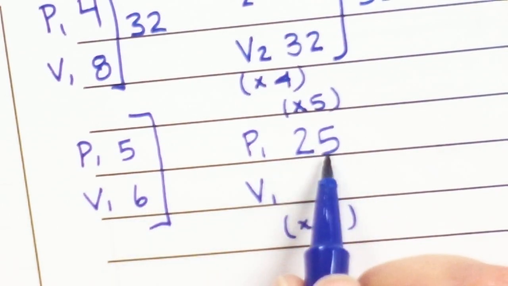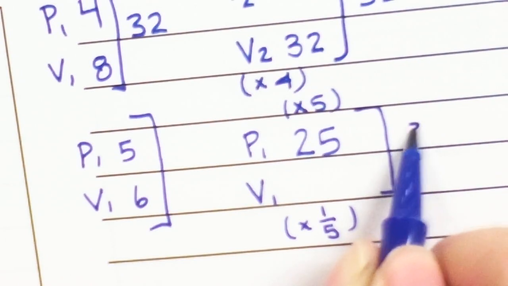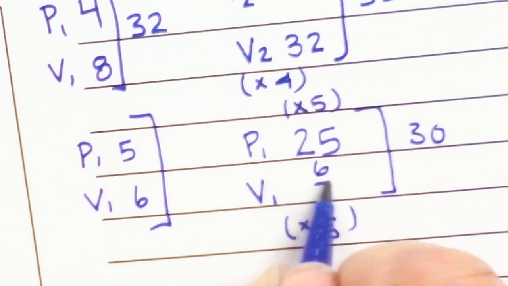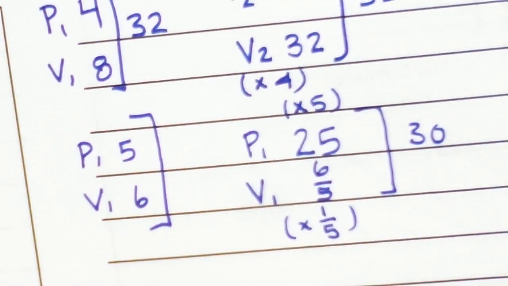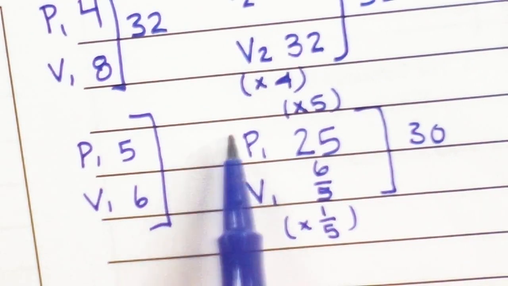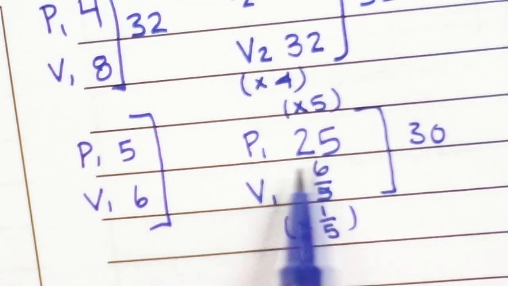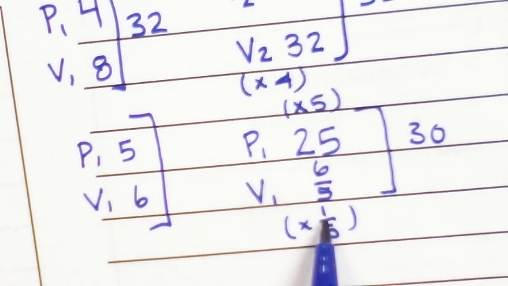So in order to get this to be 30, right, I'm going to multiply this by 1 over 5, so I get 6 fifths, right? Does that work? Well, 25 times 6 is 150, divided by 5 is 30. So it does work. Everybody understand? I'm going to multiply my pressure times 5 to get 25, which means that my volume will be multiplied by 1 over 5 to get 6 fifths.